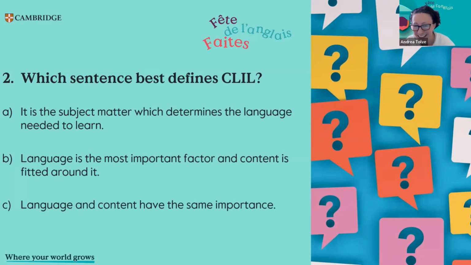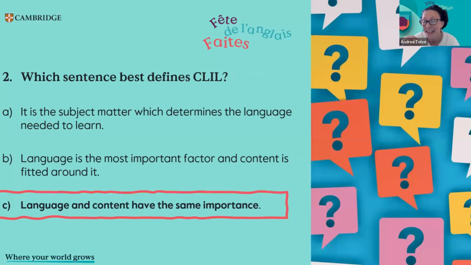Hello, Christina from Lille. Hello, Sada. So Stephen says A. Rima says A. Everybody saying A? Audrey A. Hello, Nahid. Okay, so we've got some others. Anai says C. Blondine says C. Okay, well, the answer is C. Language and content have the same importance.